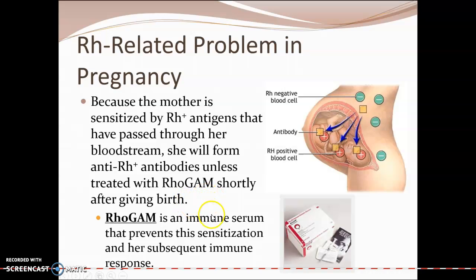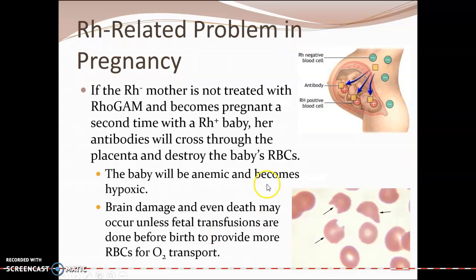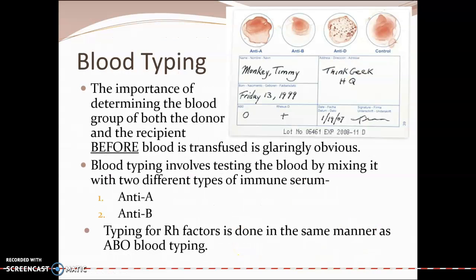So if they discover this, they usually give a treatment called RhoGAM that helps the immune system and helps prevent that problem. Because if it happens over and over, the baby can get anemic, it can cause brain damage, it can cause a lot of different things. So they usually test for this during pregnancy to make sure that you are getting the right type of blood.